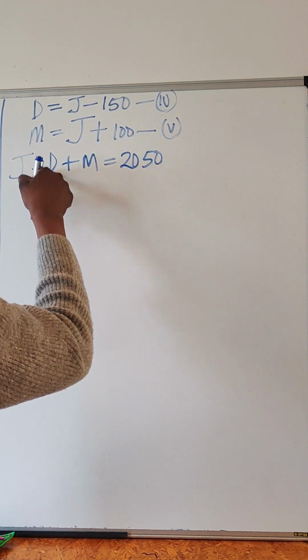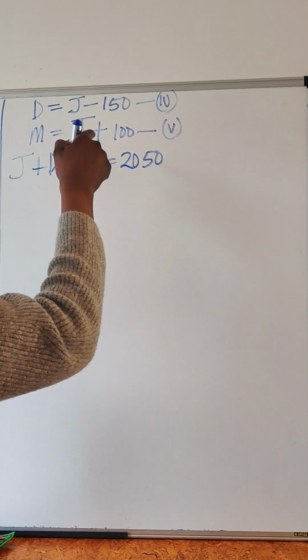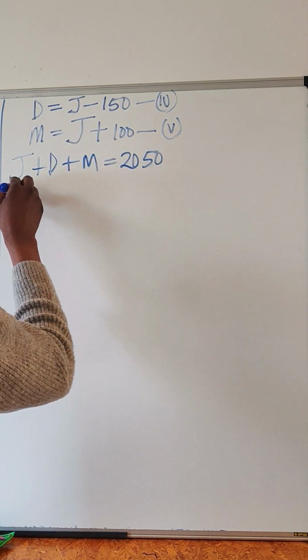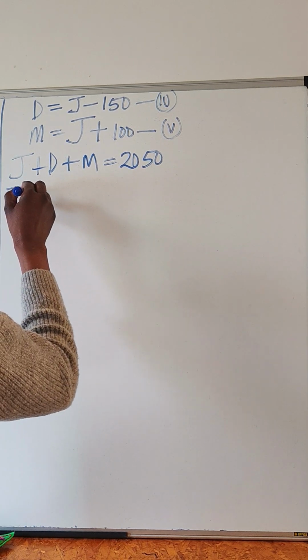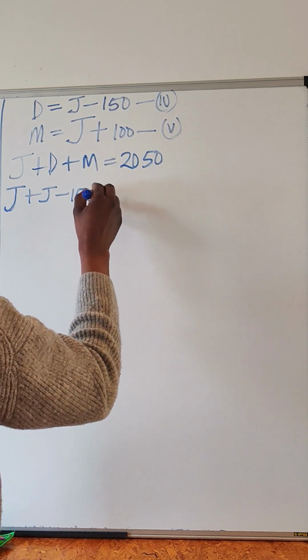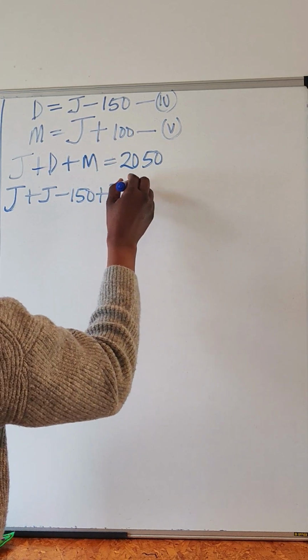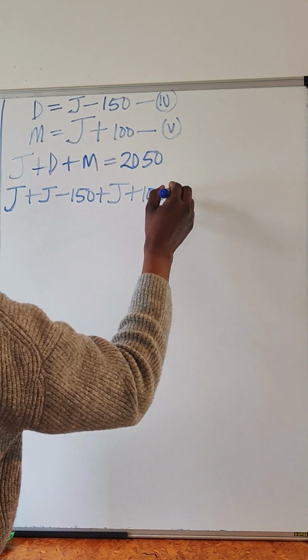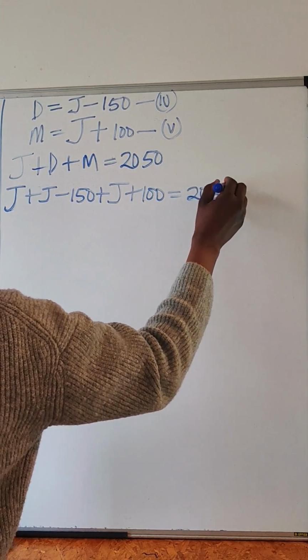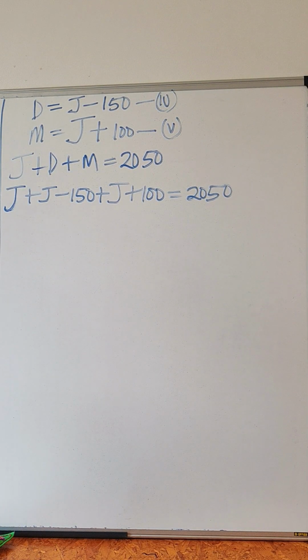For D, we write J minus 150, and for M, we substitute J plus 100. So we have J plus J minus 150 plus J plus 100, everything giving us 2050.